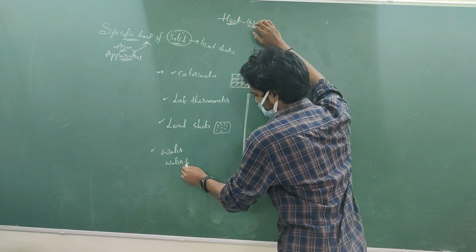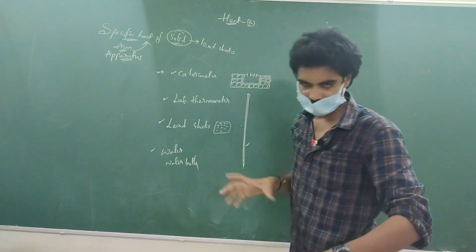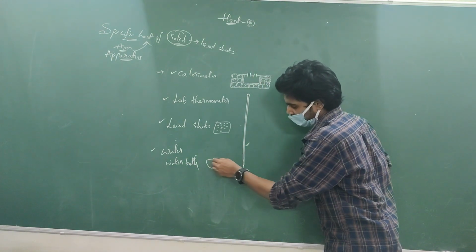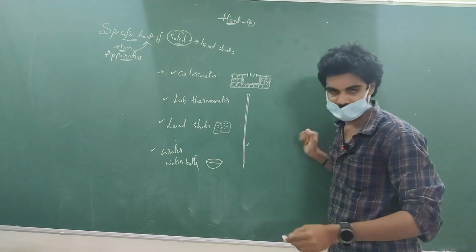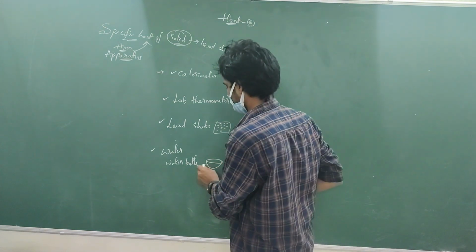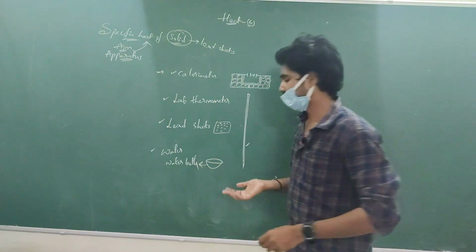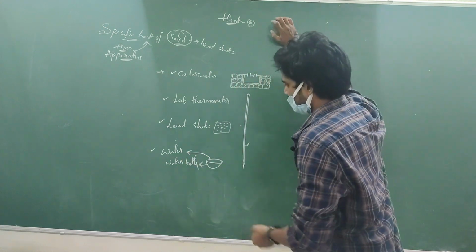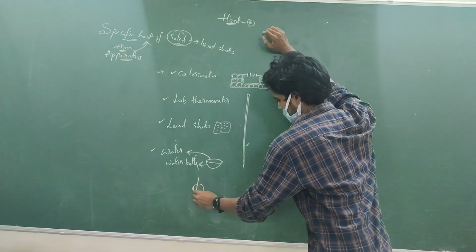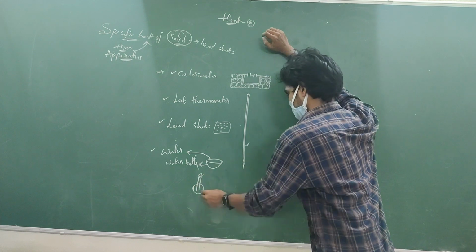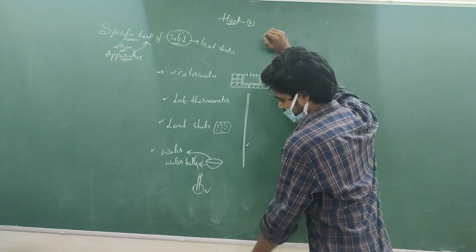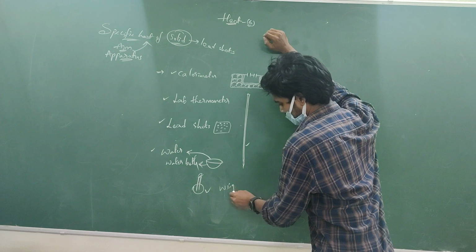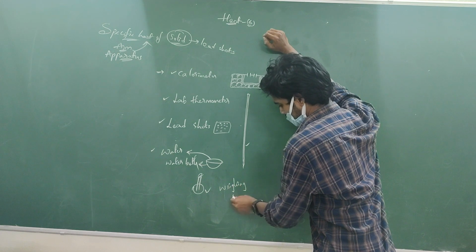A water bath is nothing but a bowl. The bowl, in scientific terms, we call a water bath. And we will take some amount of water also. To heat the water, we'll take a Bunsen burner. Along with this, we'll take a weighing machine also.